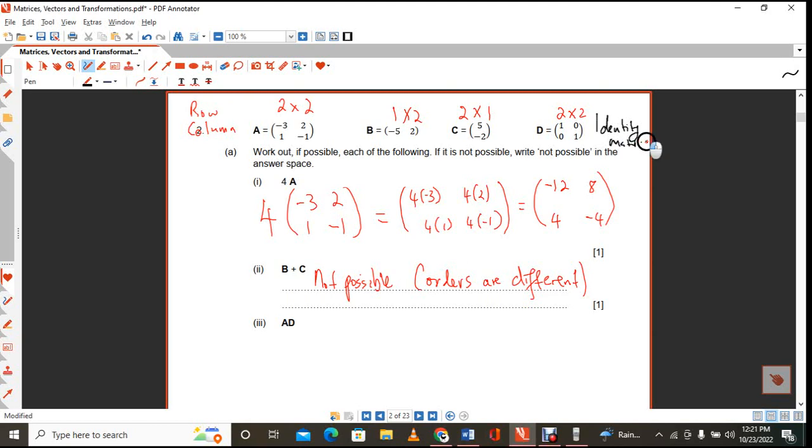Why is this identity matrix so important? It's normally denoted by the letter I. The leading diagonal has ones and the other entries are zeros. Can you see that? So when you multiply anything by that, you're just going to get that same matrix back.